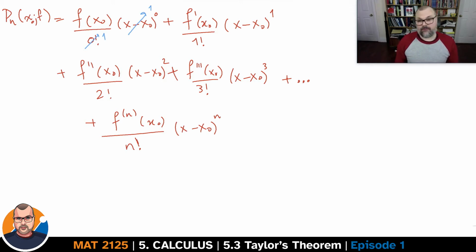Implicit here, if we say that the function has an nth derivative at a specific point, is that it has all of the lower order derivatives at that point as well.